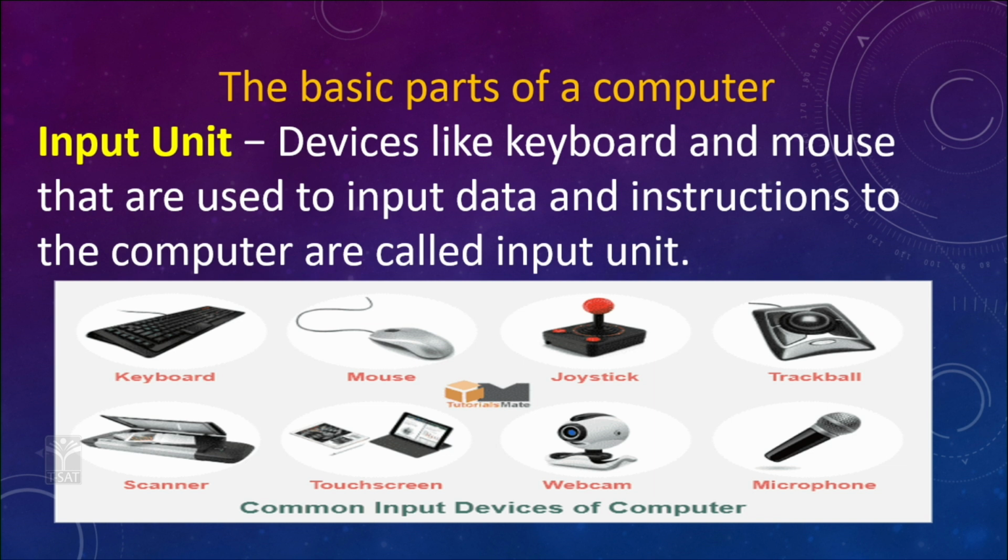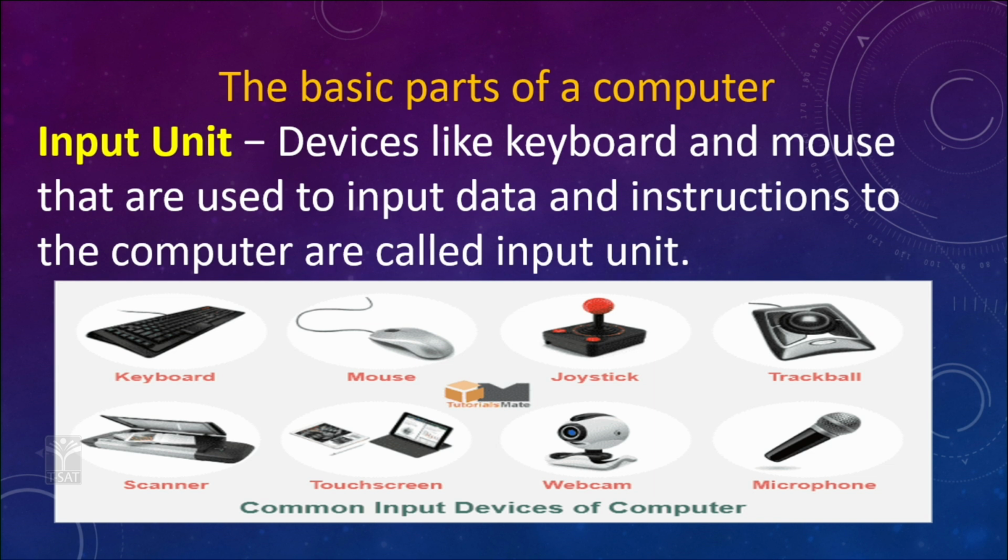The second one, if you see, is the mouse. Nowadays we even have a digital mouse, a remote mouse also. If you want to select something, generally we use the mouse, and by using the mouse a cursor moves. The next ones are joystick, trackball, microphone, webcam, touch screen.